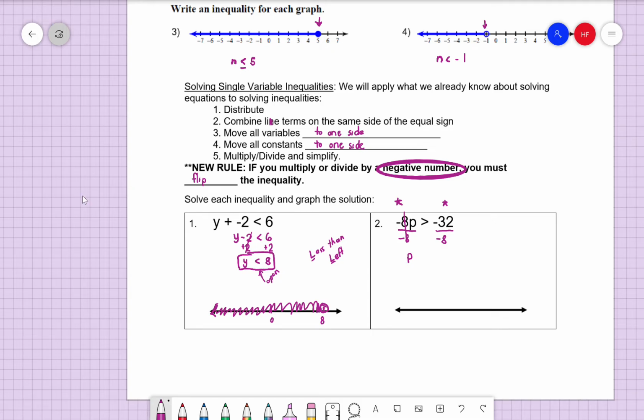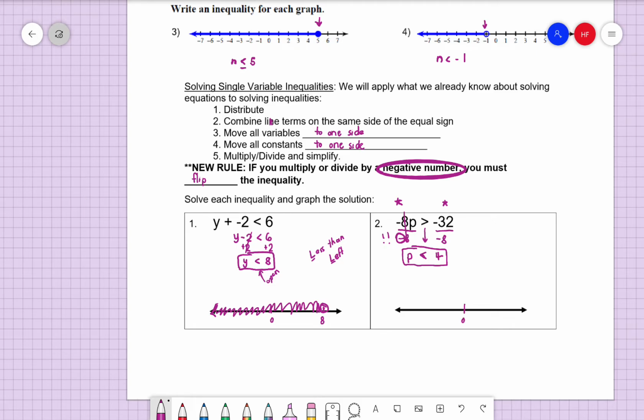So because I divided by a negative, I have to flip this sign. So instead of writing greater than, I'm going to write less than. So p is less than 32 divided by negative 8. Negative 32 divided by negative 8 is a positive 4. So p is less than 4.